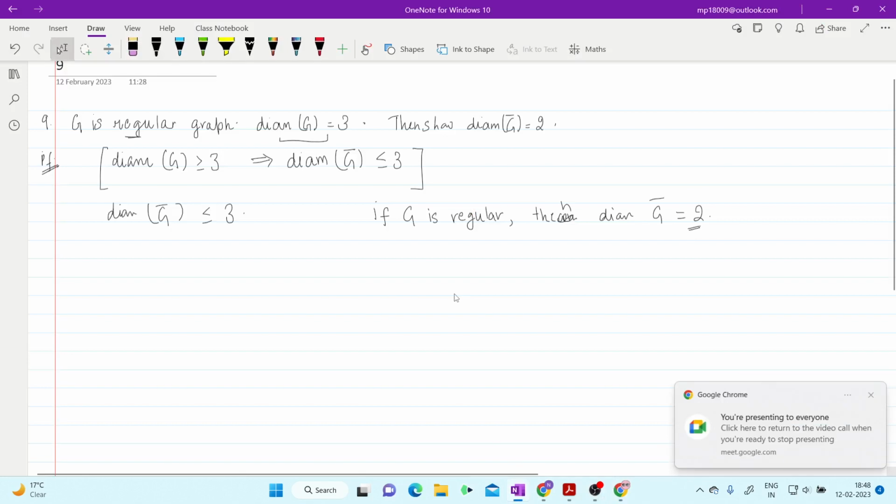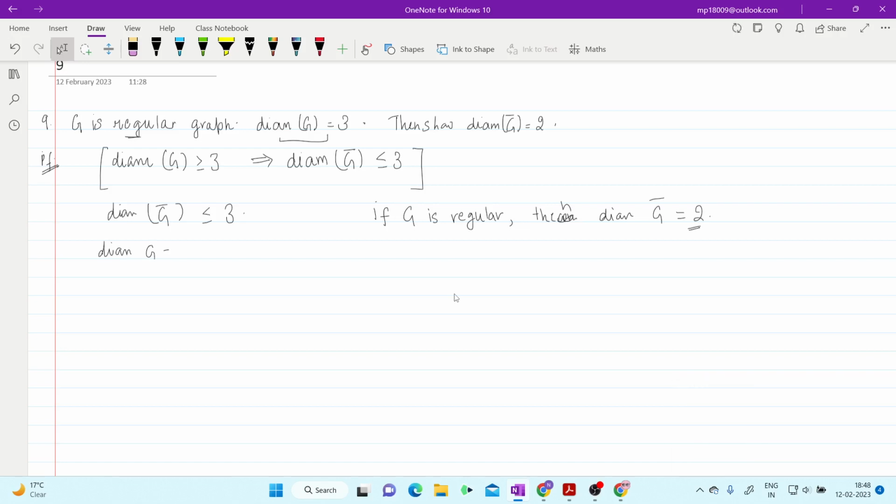First of all, since the diameter of G is 3, that means there exist two vertices V and W in G who don't have a common neighbor in G. Is it clear why this is true?